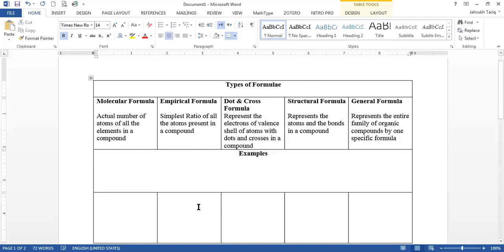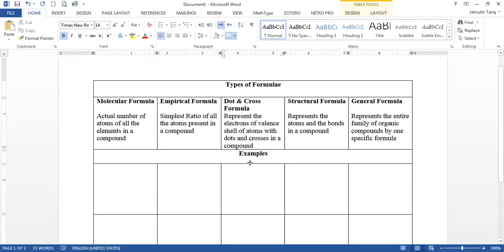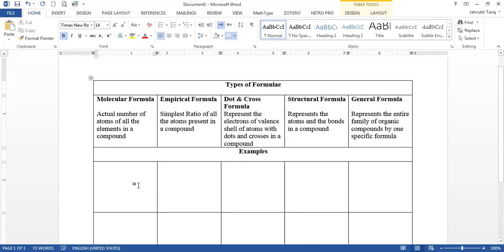So coming to the point, an example of molecular formula. For example, water is represented with H2O. Right. Water is represented with H2O.